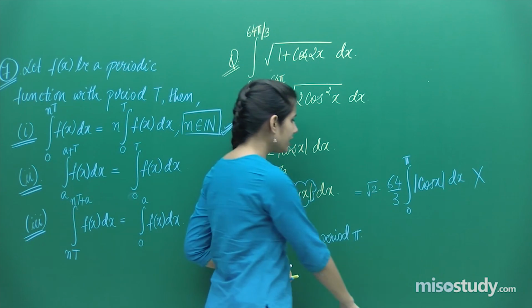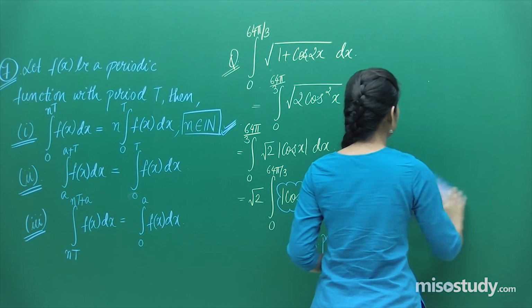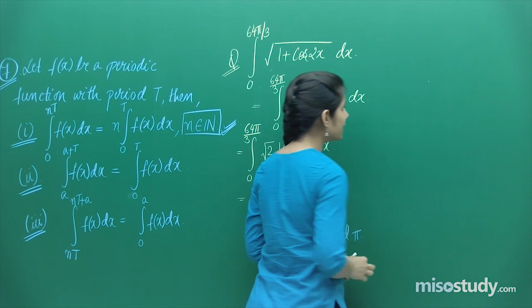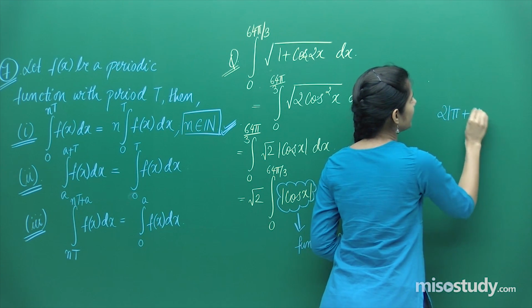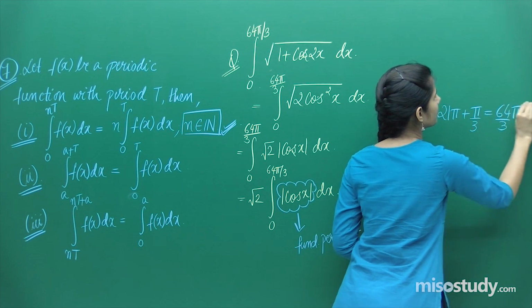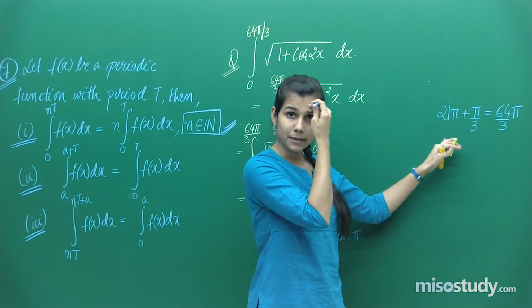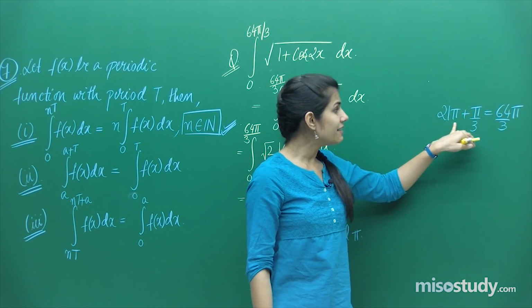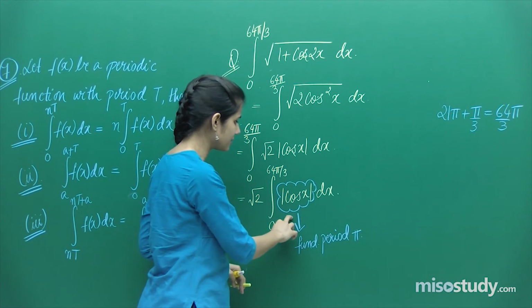But when I am talking about 64 by 3, I can write 64 pi by 3 as 21 pi plus pi by 3. That means 21 cycles are being completed by mod cos x.